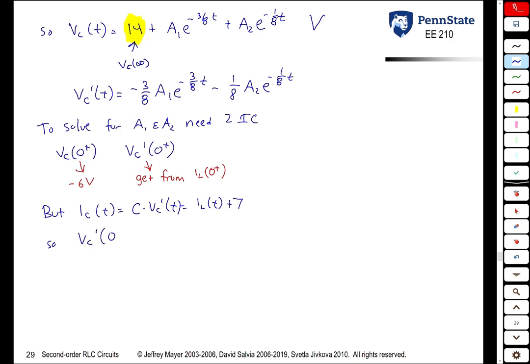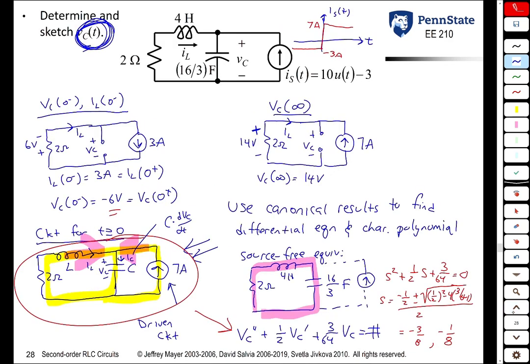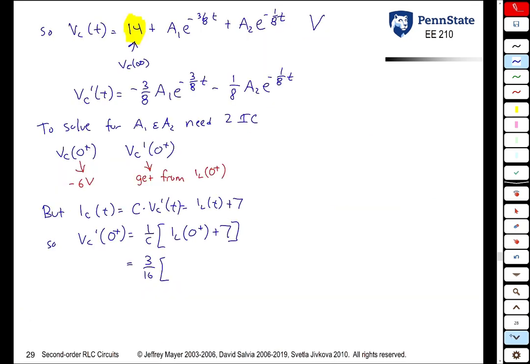So Vc prime of 0 plus, what we're looking for, is 1 over C times IL of 0 plus 7, which is going to be 3/16 times IL of 0 plus, which was 3 amps, plus 7, which is 30/16 or 15/8.